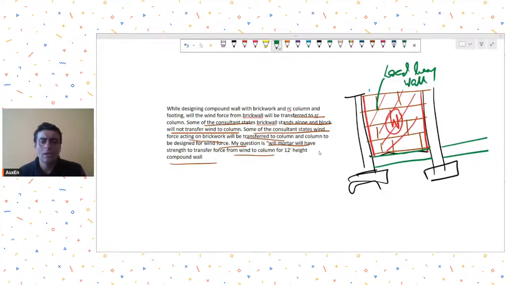So in load bearing walls subjected to lateral loads, there is a particular code that you need to refer to. There is an Indian standard. I am not able to recall that Indian standard number, but there is an IS code which does the calculation for these load bearing walls.